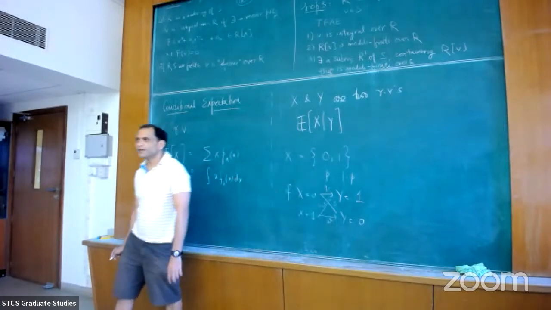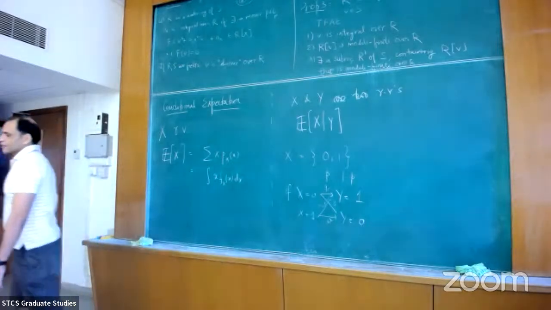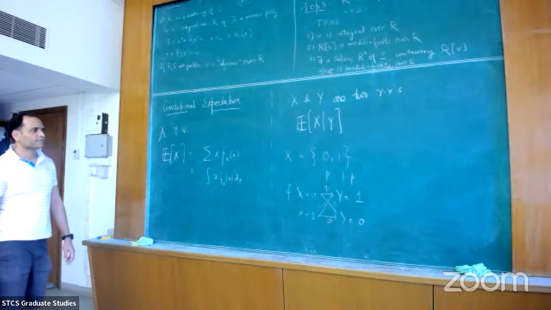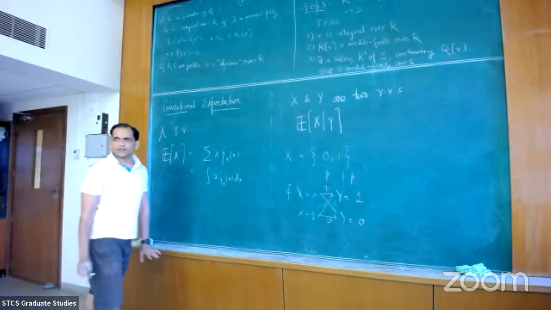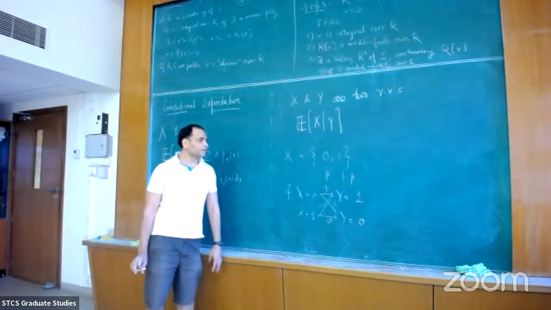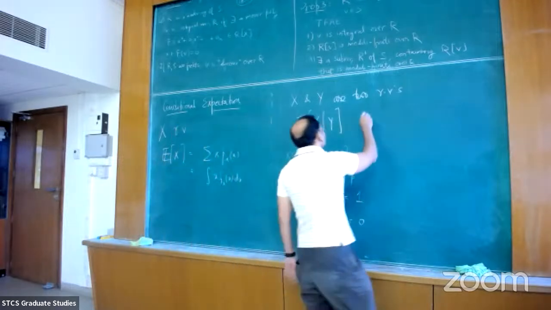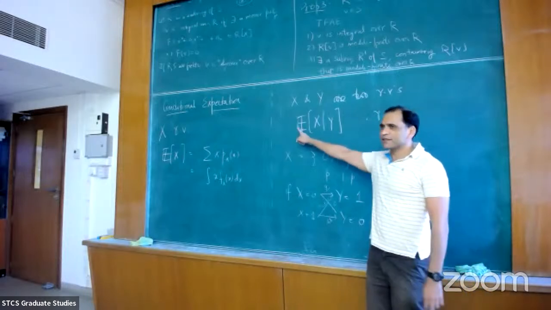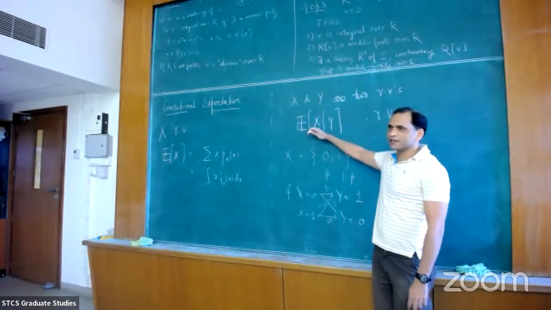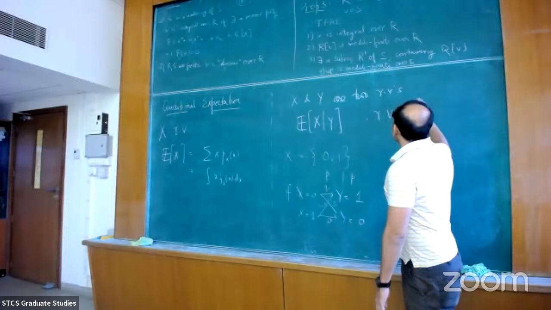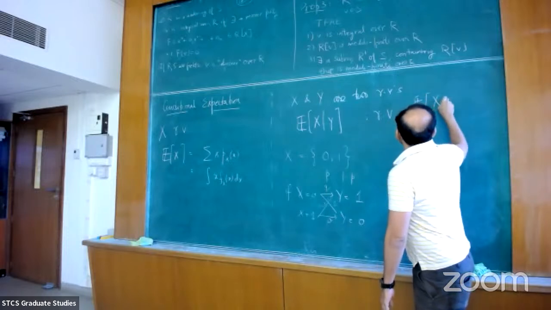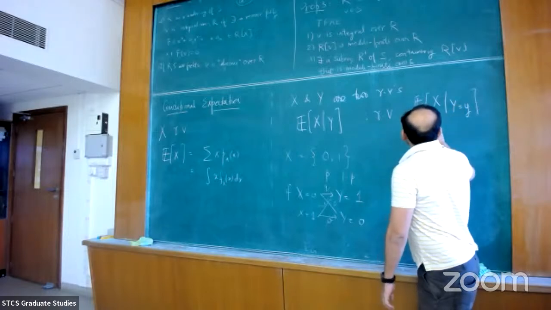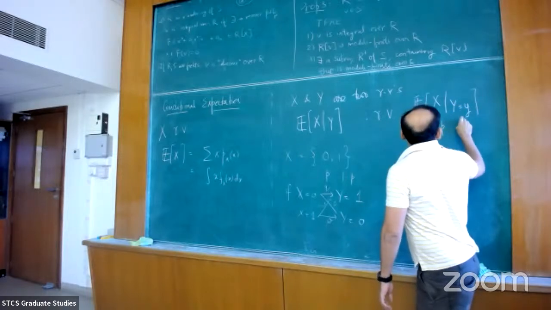Now, if I tell you the value of y, can you tell me the value of x? You can't tell me precisely. There is a distribution now. So the way to understand it is that this is a random variable. This is the most important thing for me. Even though there is an expectation on the outside, this still remains a random variable, which takes values with certain probabilities.